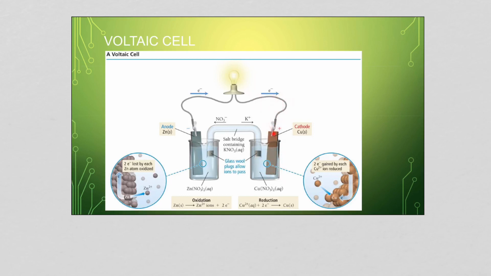Once the electrons get into solution, they will be gained by, in this case, the copper ions in solution. Those copper ions will take on the electrons to form copper metal, and we'll see a buildup of copper metal along here on our cathode.